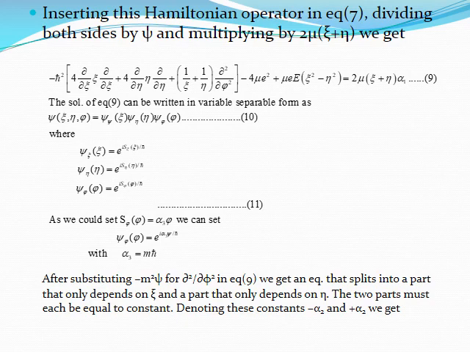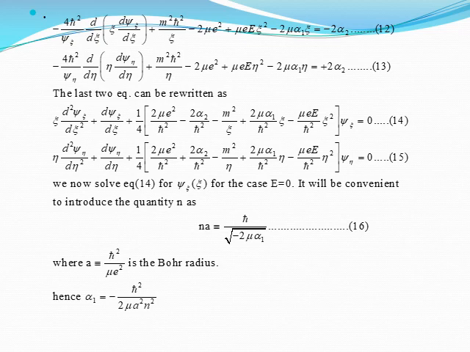The two parts must each be equal to a constant. Denoting these constants −α₂ and +α₂, we get −4ħ²/ψ d/dξ (ξ dψ/dξ) + m²ħ²/ξ − 2μe² + μeE ξ² − 2μα₁ ξ = −2α₂. Equation 12.